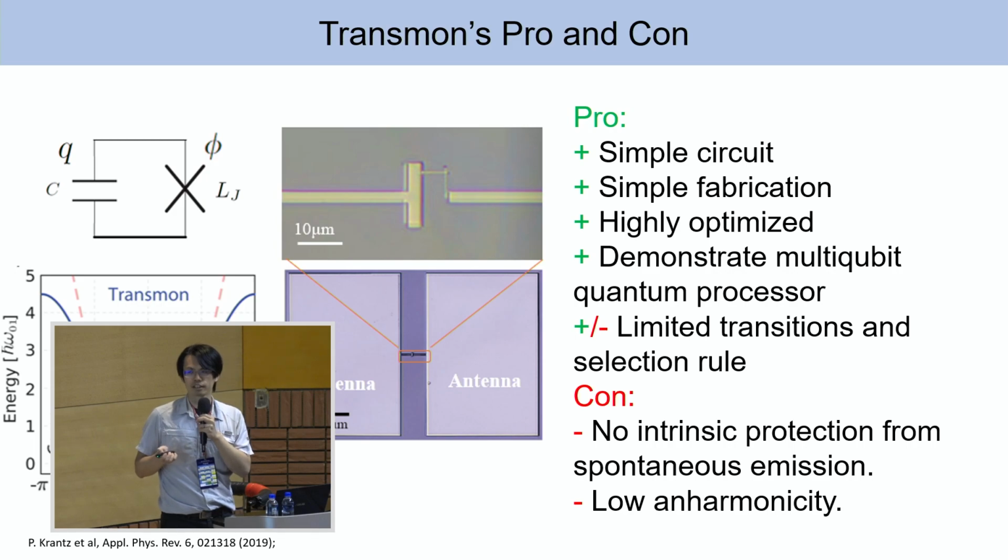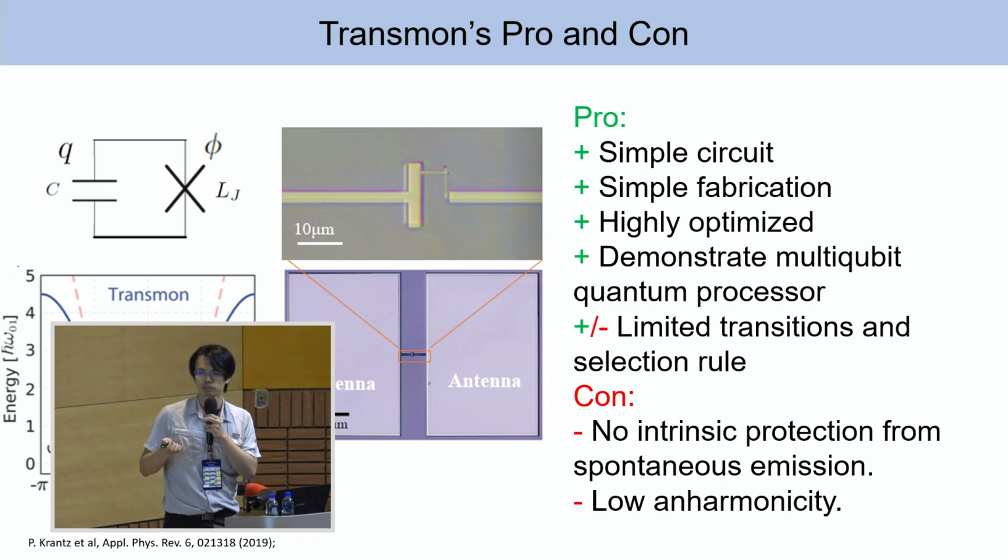However, there are some things coming, and I listed them as pro and con. One is this simple transition right here. The transition is relatively simple, so the transitions that you can use are quite limited, because if you want to go to a higher transition, the transition dipole, or the matrix element, to those higher transitions is quite small, so there isn't too much that you can use.